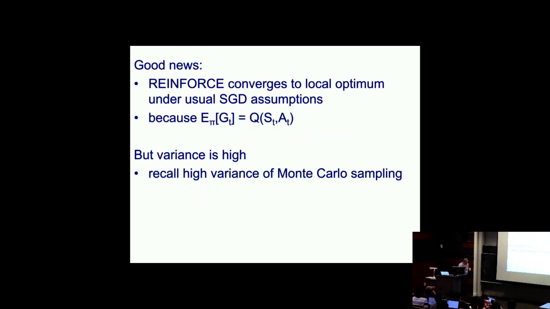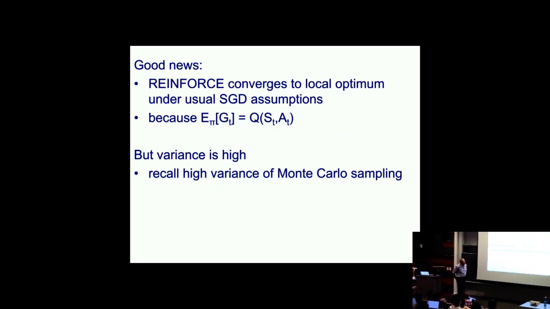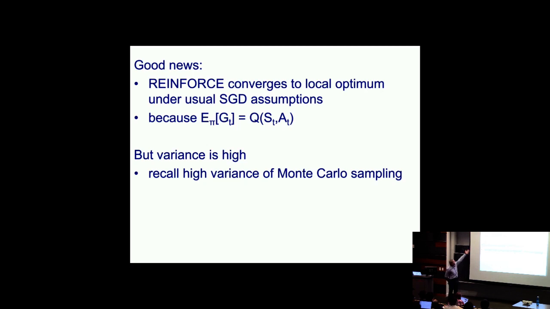Theoretically, there's also the good news that I hinted at before, which is that because the expected value of the sampled rewards over pi is equal to q, we can prove convergence, especially if we use the gradient rule that we talked about. So that's the good news.